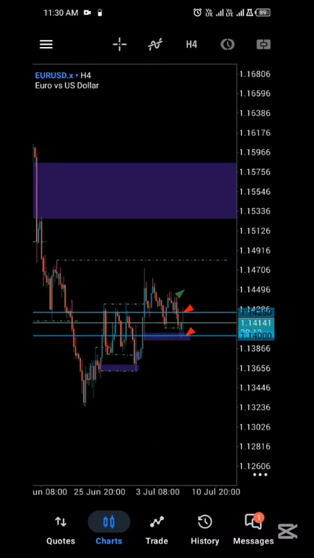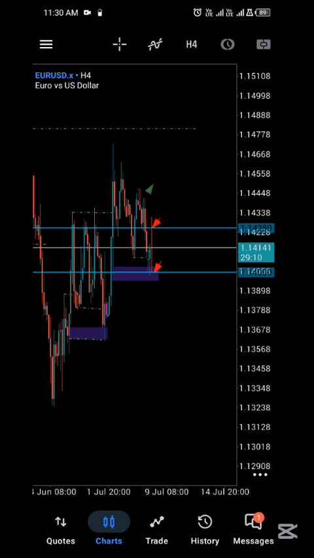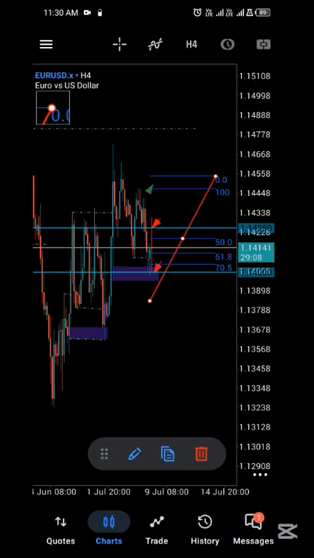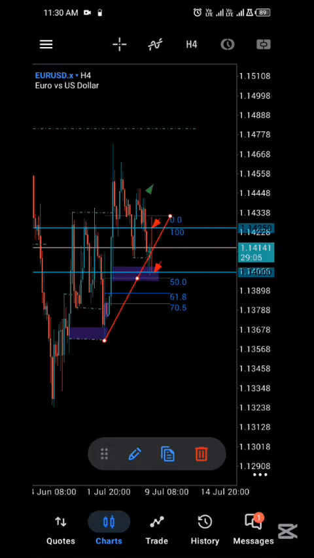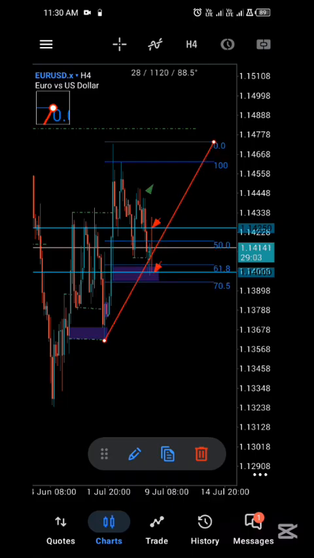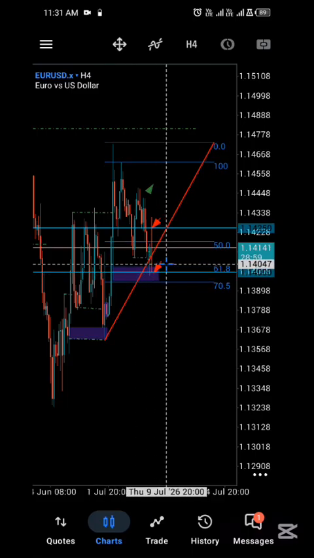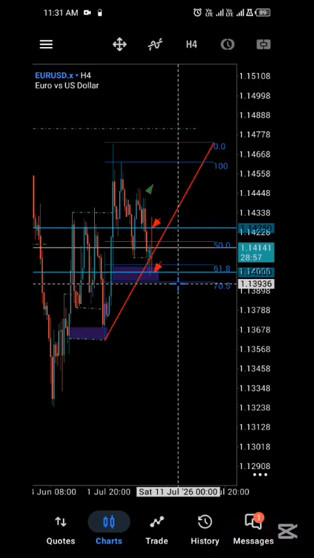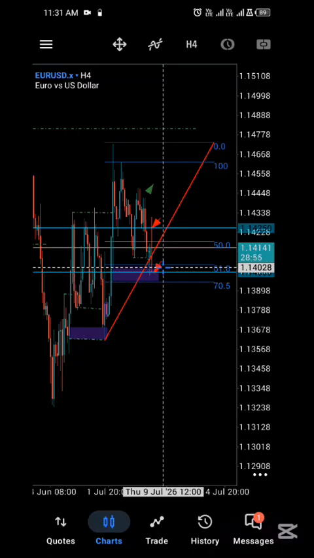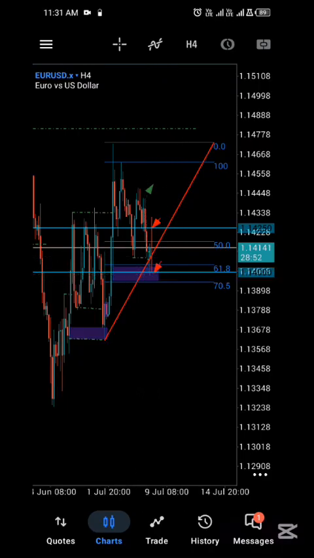If I take my fib tool from this zone to that zone, we can see that the market retraced to the golden zone, the 61.8 and 70.5 zone, and we can see where the market is retracing from.